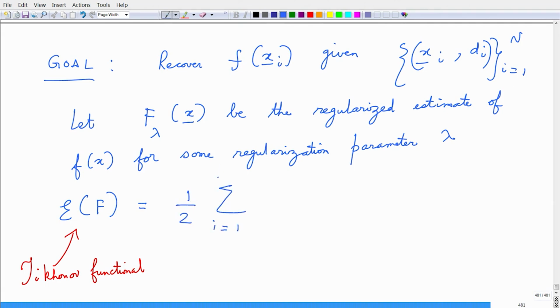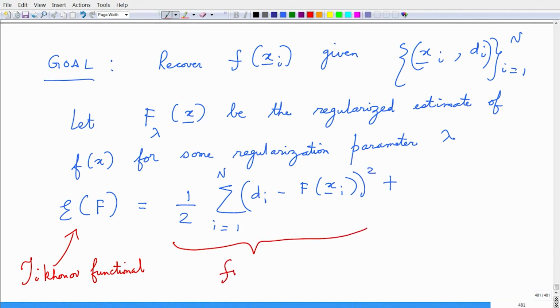One is the squared error of the deviation between the desired and the approximating function evaluated at the data point x_i, and this quantity here is a measure of fidelity to data.